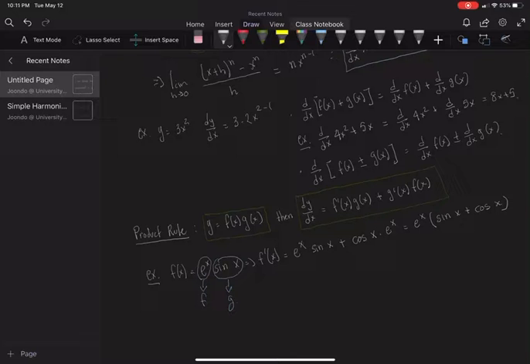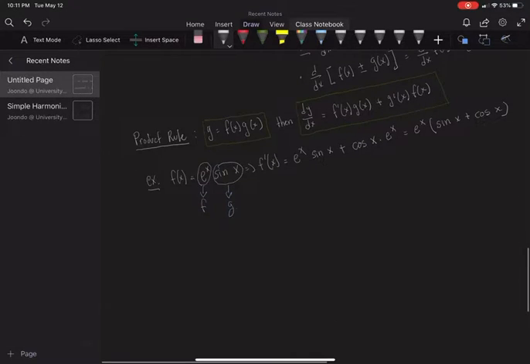Right? Another example we can do regarding the product rule is f of x equals x squared e to the x, right?